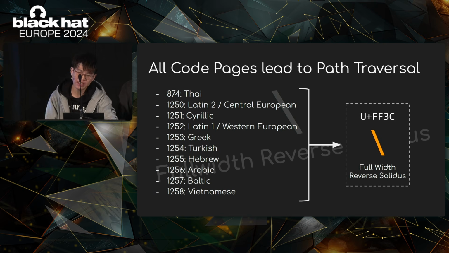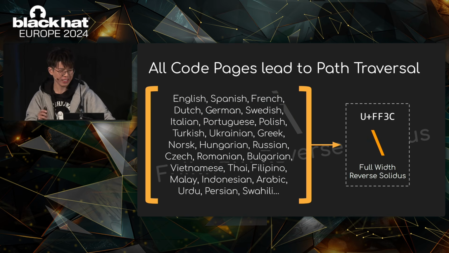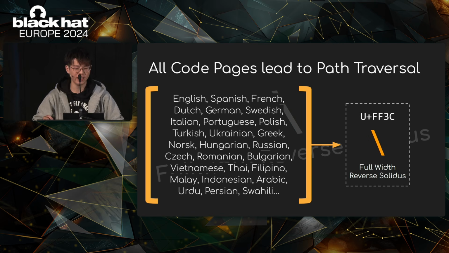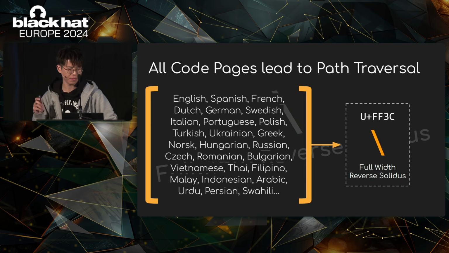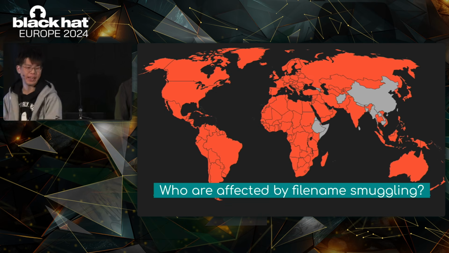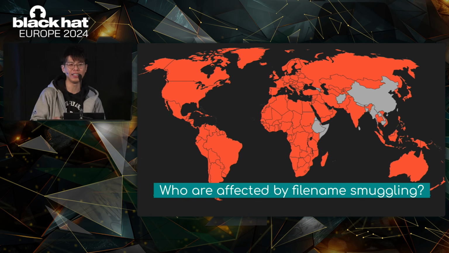Well, if you are using any of the following languages, such as English, Spanish, French, Dutch, and more, they are all vulnerable to WorstFit. Or you can check this map. If your country is marked in red, you are likely affected by this attack.